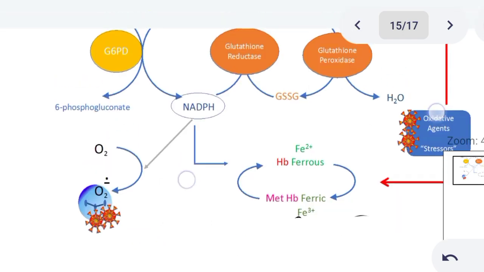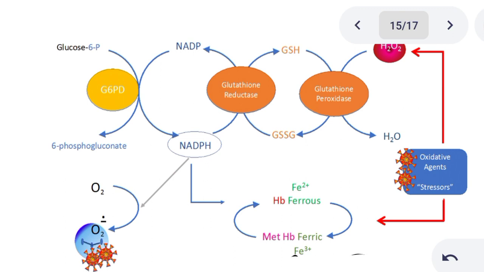Okay, now we have talked about the downside of this part. What I've just talked about, the premature death of red blood cells, if it continues, can lead to what? It can lead to hemolytic anemia. Hemolytic anemia is caused because there is hemolysis. What is hemolysis? This is the destruction of red blood cells. If red blood cells are being killed each and every time, it will lead to hemolytic anemia.